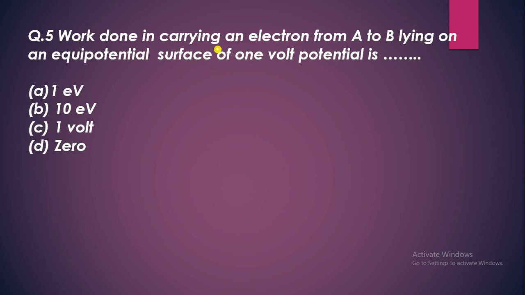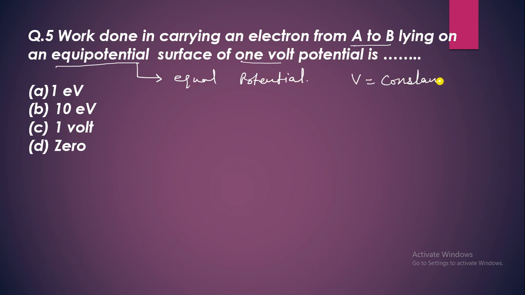Next, the work done in carrying an electron from A to B lying on an equipotential surface of 1 volt potential is? It means what is the work done? And you know about an equipotential surface: it means equal potential. It means in an equipotential surface, the potential is constant at every point of the surface.